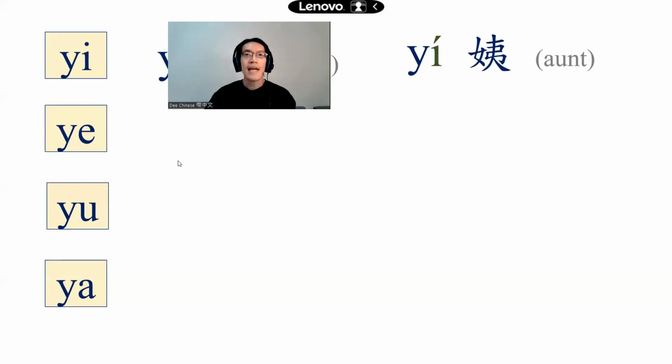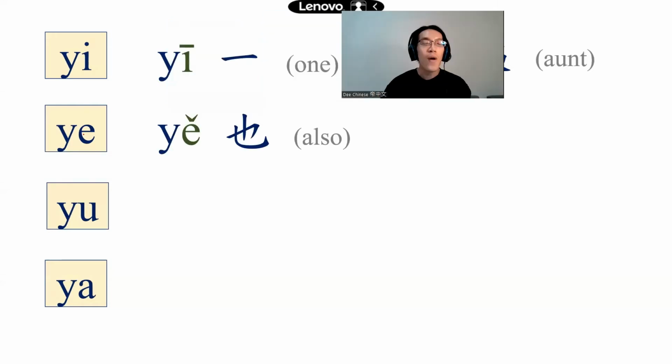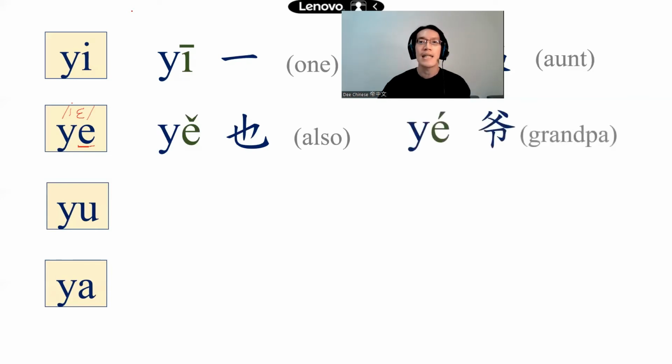And the next one, when y is combined with this a, you need to pronounce ye. So the first example here is ye. Ye means also. And the next one is ye. Ye means grandpa, grandfather.